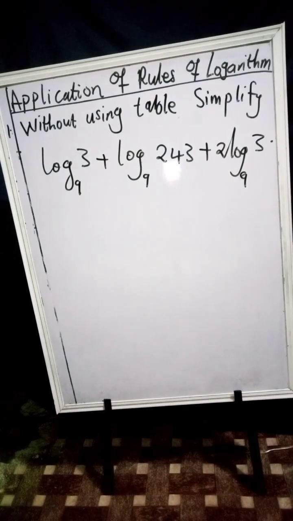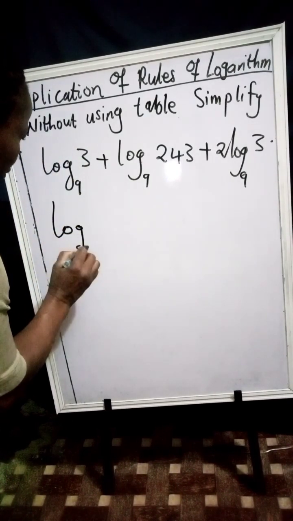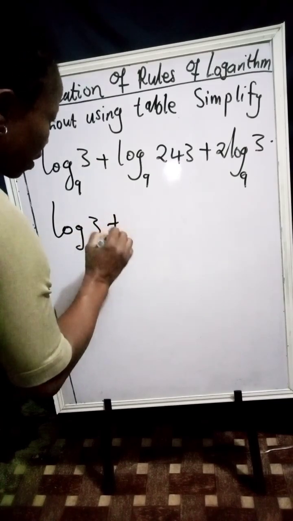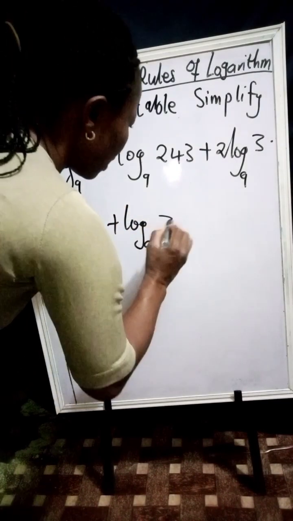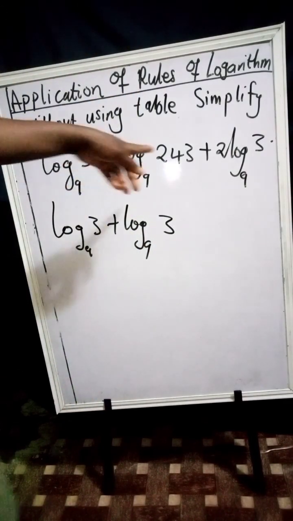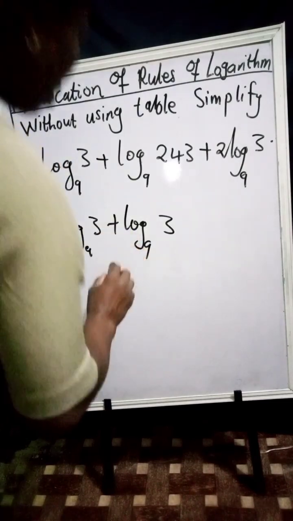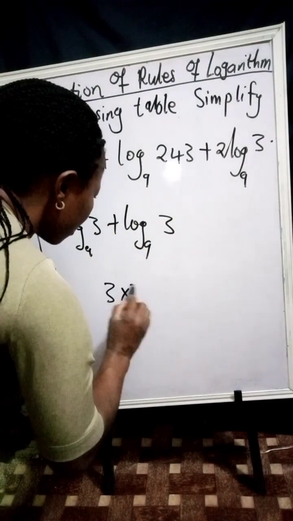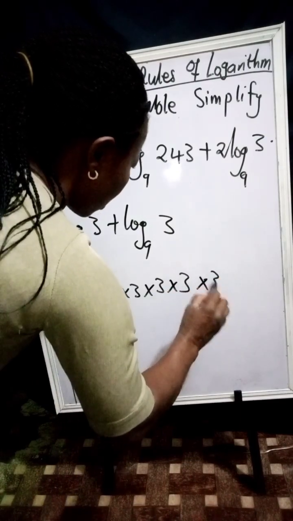So in that case, we have log of 3 plus log of what? What will we multiply 3 times in order to get 243? That will be 5. We have 3 times 3 times 3 times 3 times 3.